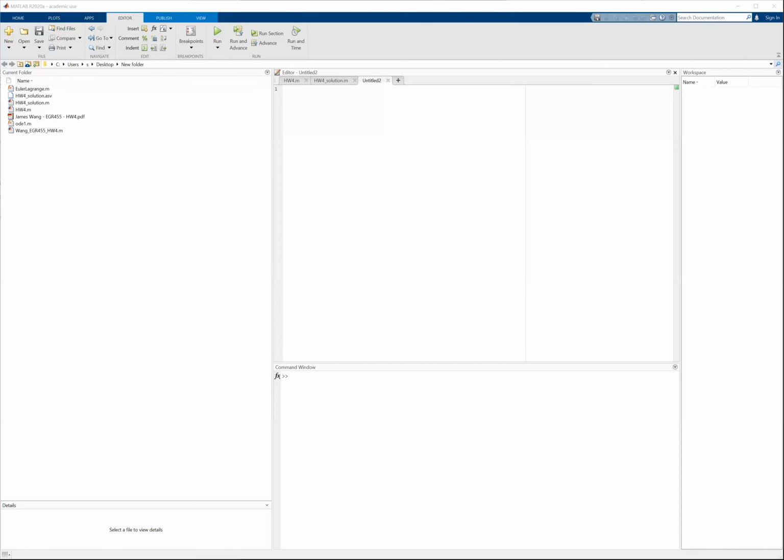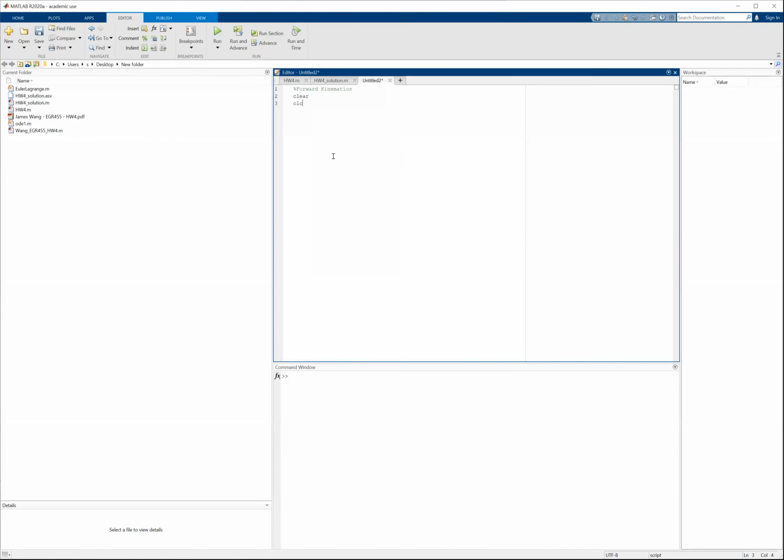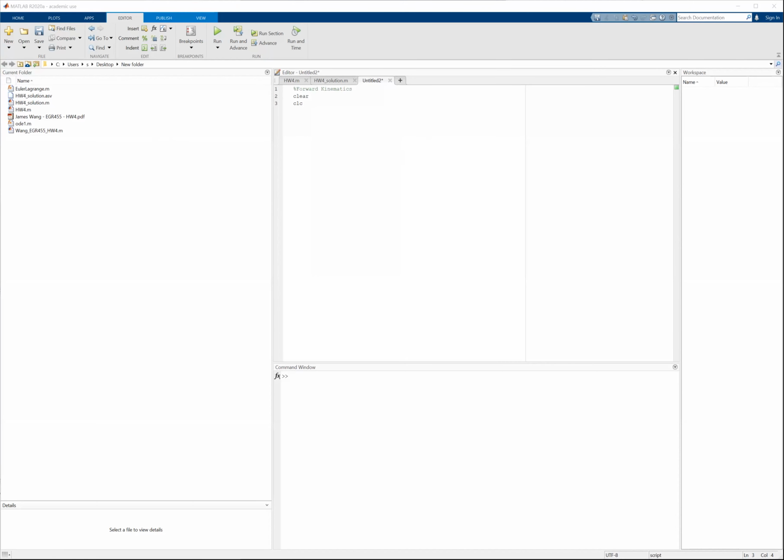I will be looking at my chat window. The first step in MATLAB is I always start with something like forward kinematics, and then I'm going to paste.